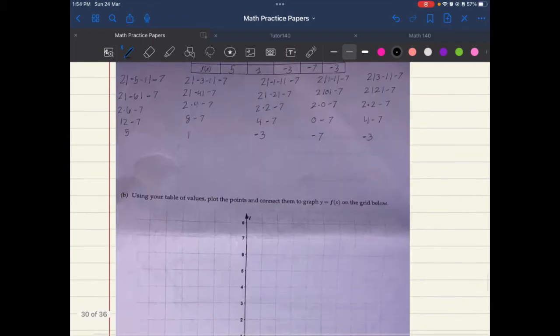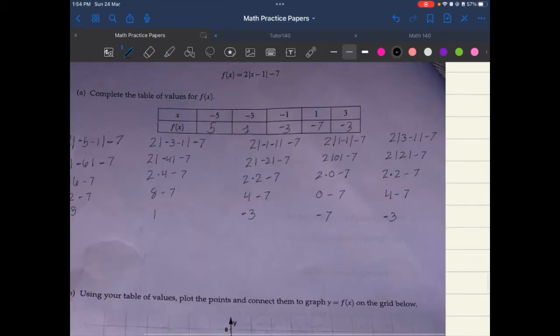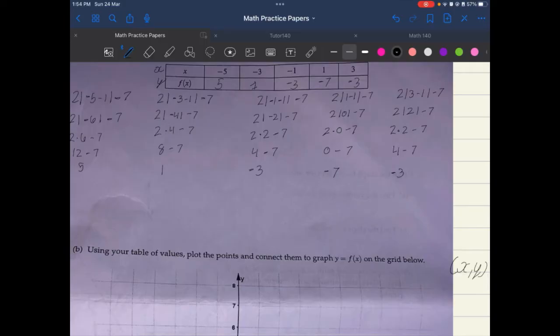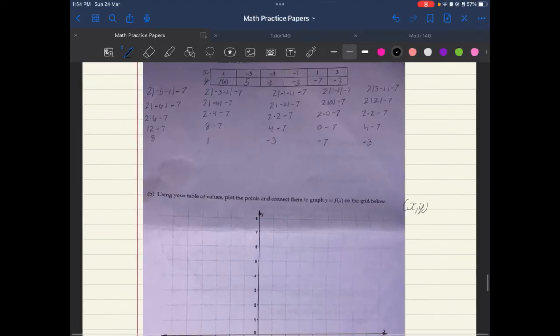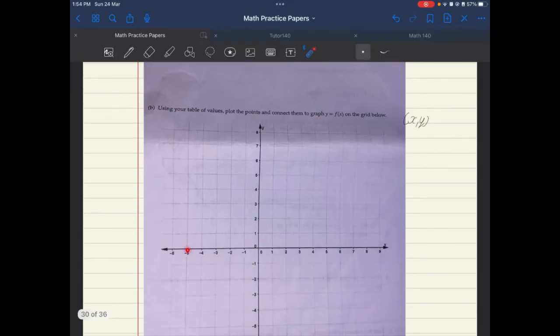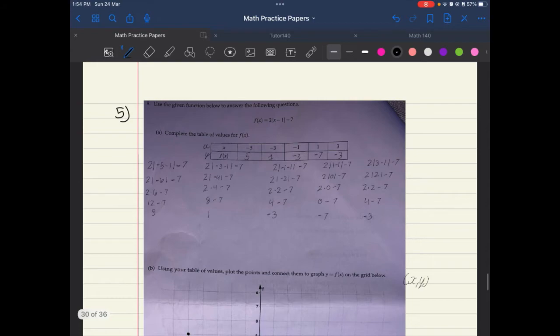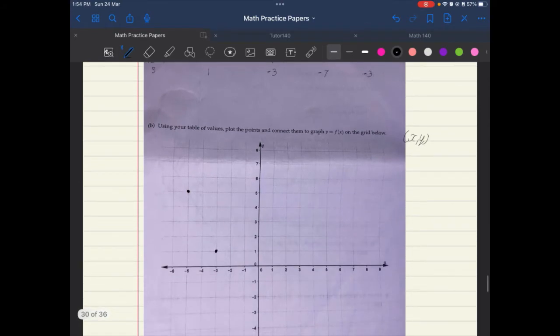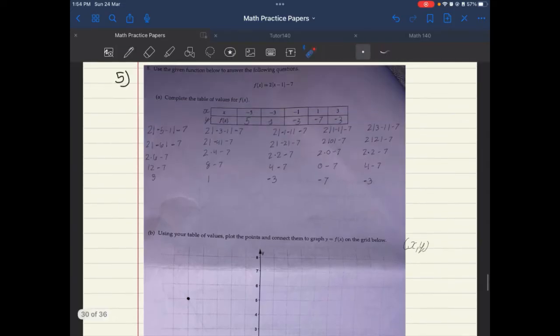Okay, using your table of values, plot the points and connect them to graph y equals f of x on the grid below. These are the x values and these are the y values, so you plot (x, y). Let's plot (-5, 5): negative over here, 5 up here. Second value, (-3, 1).